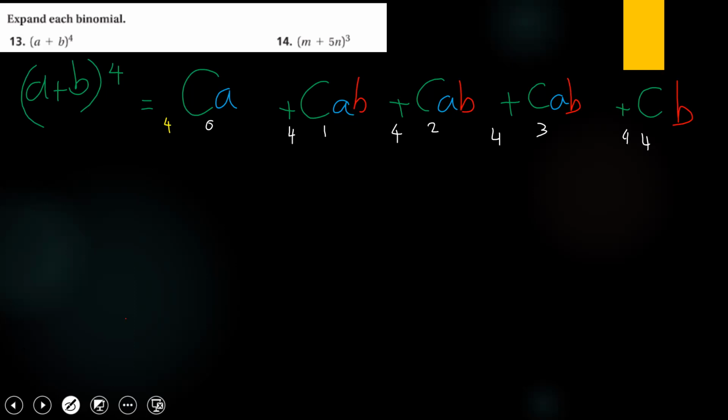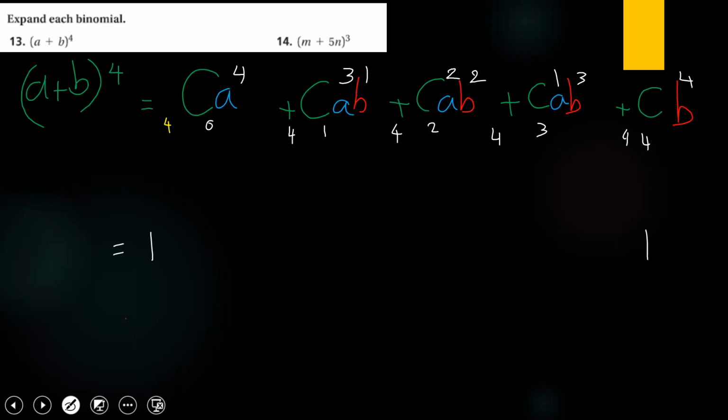Then we have to write now the powers of a. We count back, so we say 4, 3, 2, 1. And for b, we count on, so we say 1, 2, 3, and 4. Then combination of 0 from 4 is always 1, and 4 from 4 is always 1.